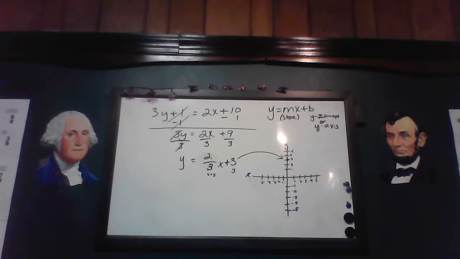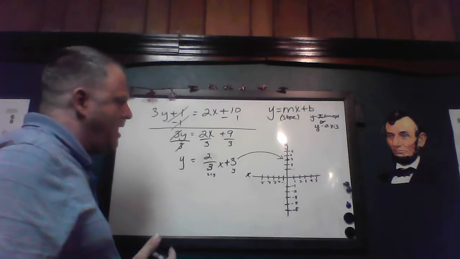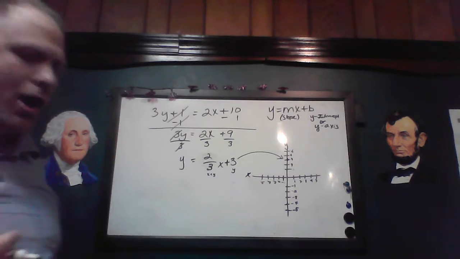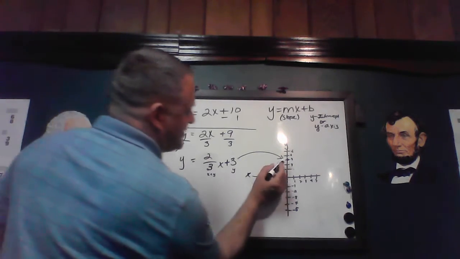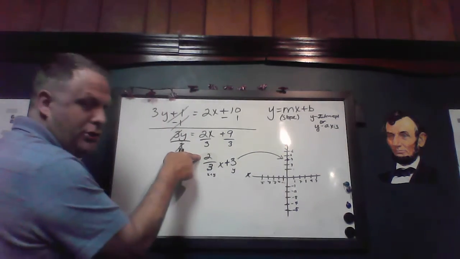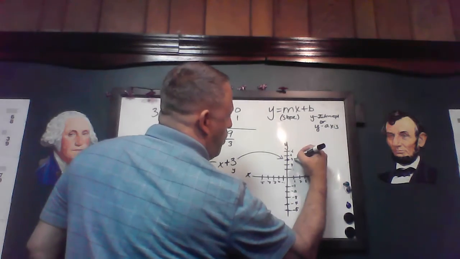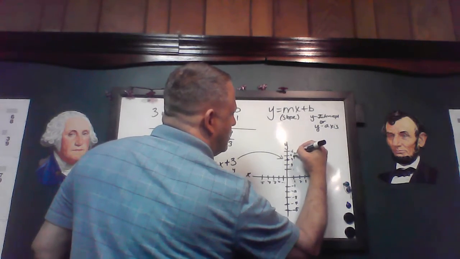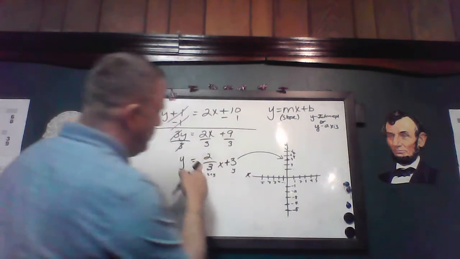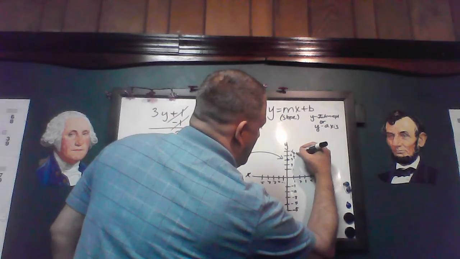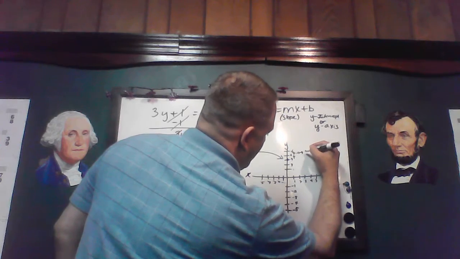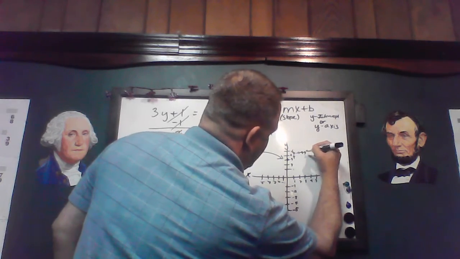Okay, and now our 2/3. So we're going to start from this 3, and we're going to go up 2. So 1, 2, and then we're going to go over 3 down here. 1, 2, and 3.